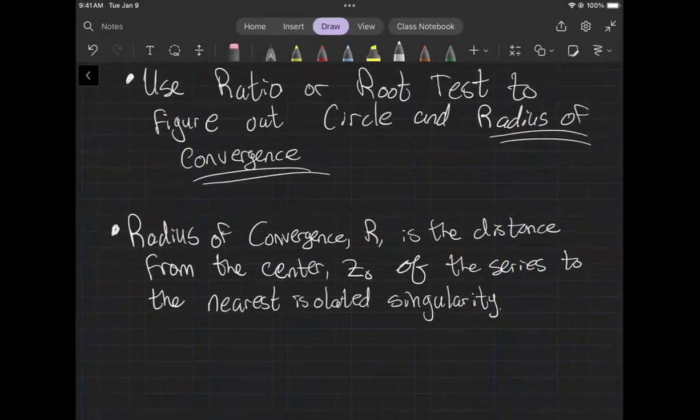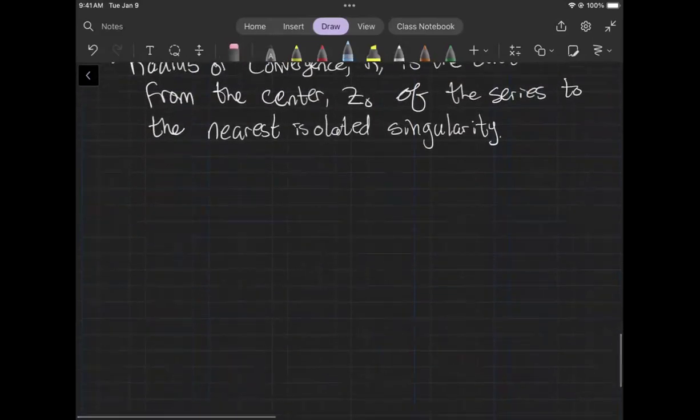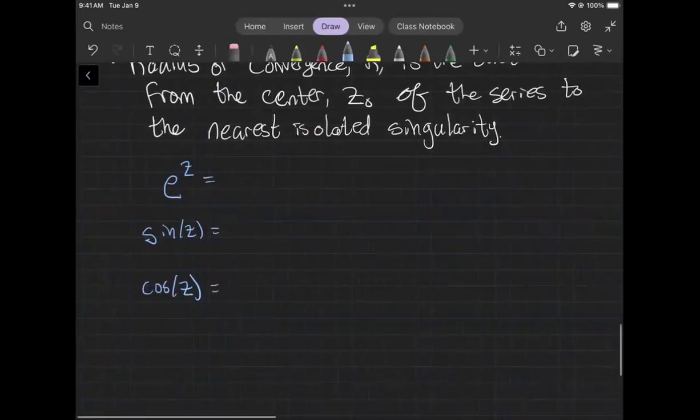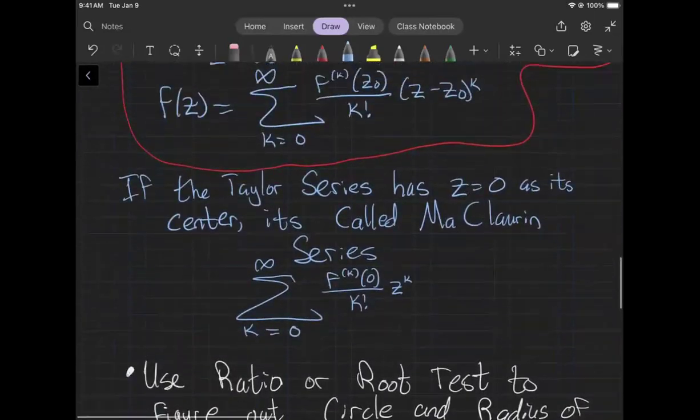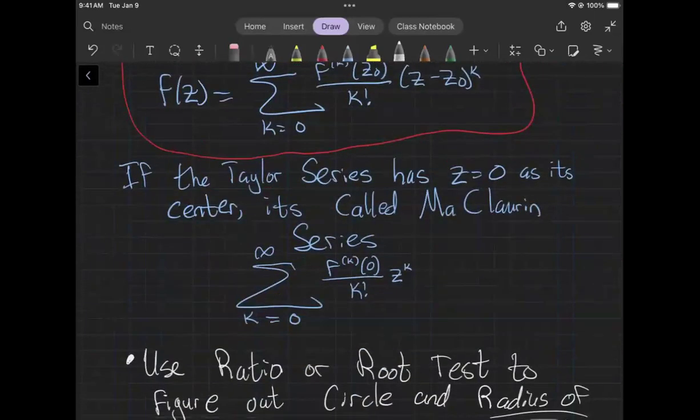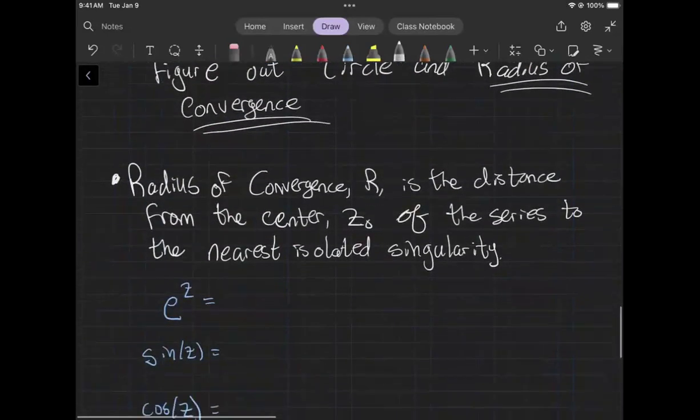All right. So as an exercise, I want you to compute the Maclaurin series for e to the z, and then sine of z, and then cosine of z. I want you to work on these for a bit. So really, you're just using the definition of the Maclaurin series, right? The Maclaurin series is this sum right here.